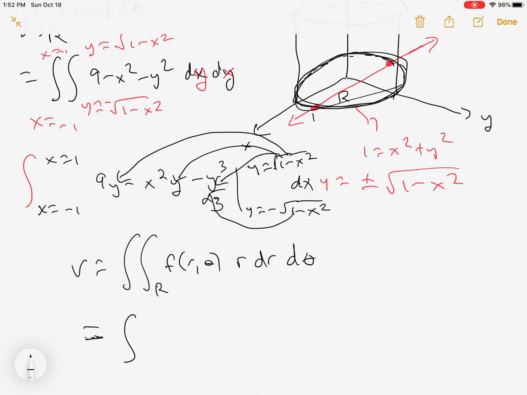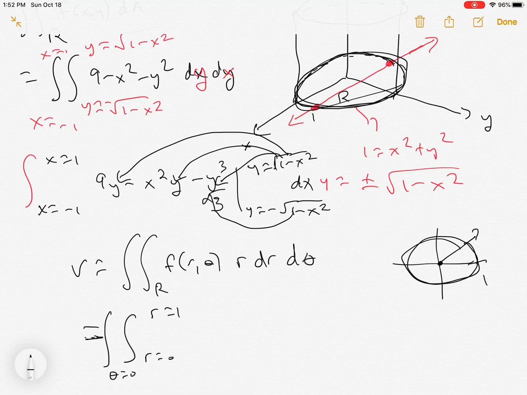If we go over here, just make a little circle. If you let r emanate out, r goes from 0 to 1, and it goes all the way around. So theta goes from 0 to 2 pi, f of r theta r dr d theta.